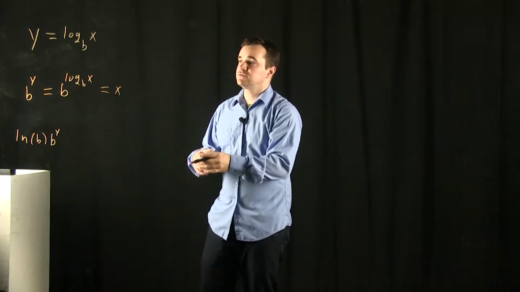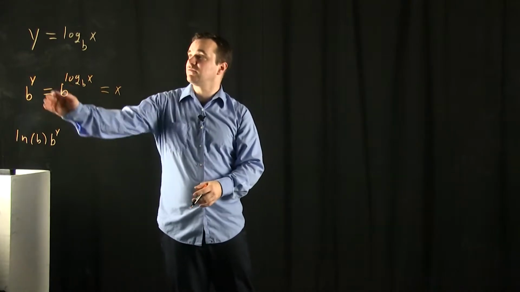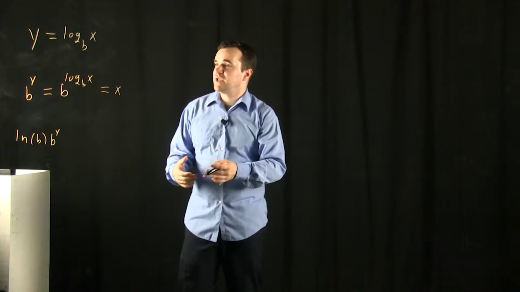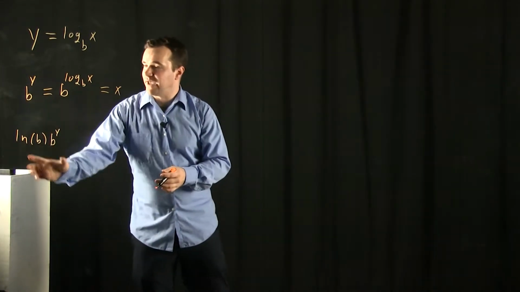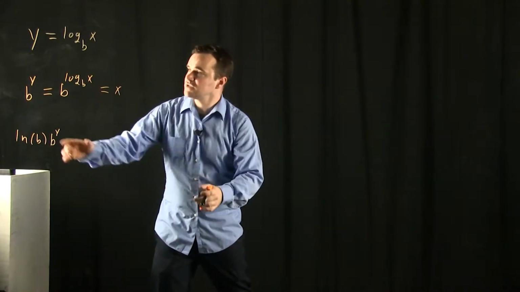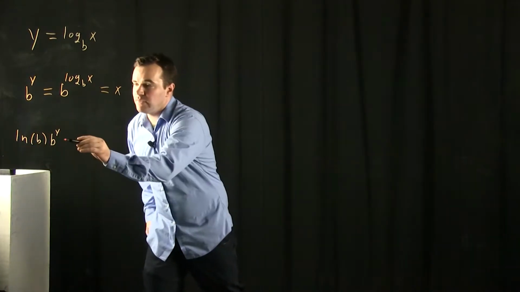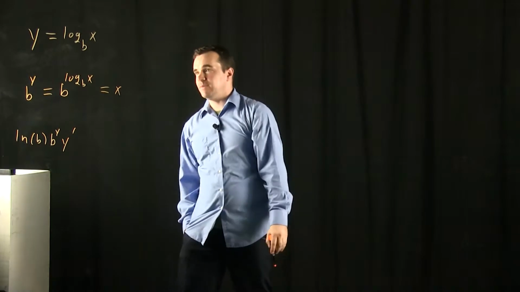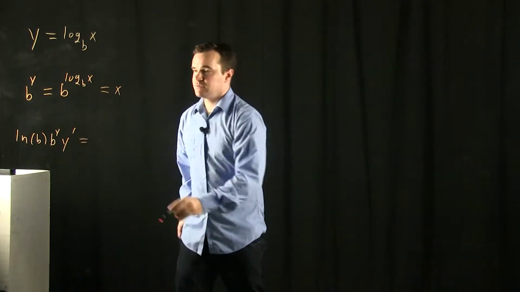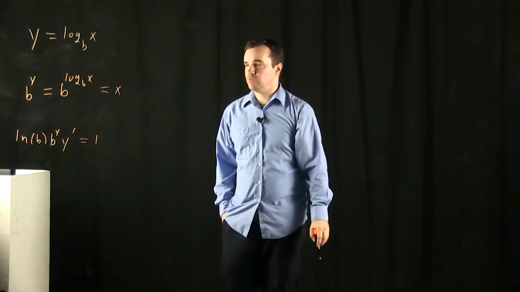But since I want to take the derivative with respect to x, right, I want to find dy dx, I have to use the chain rule with b to the y as my outside function and y equals f of x as the inside function. So you take the derivative, plug in y, and then multiply by y prime. And then that's going to be equal to the derivative of x with respect to x. And that gives you 1.